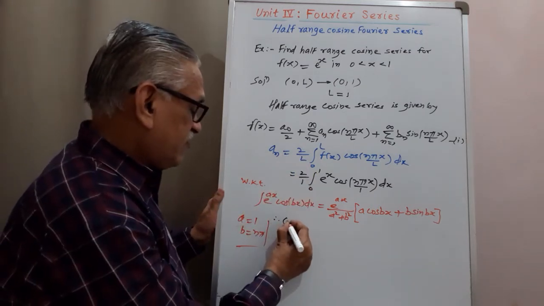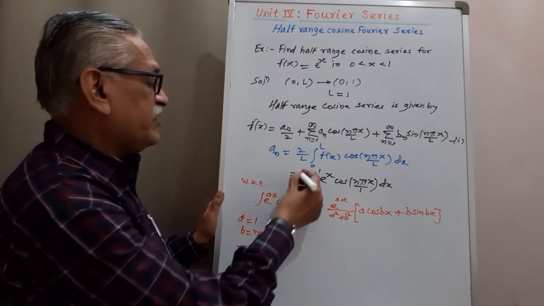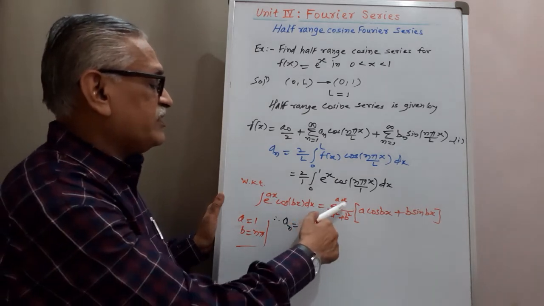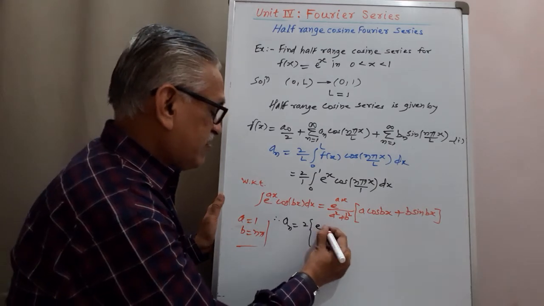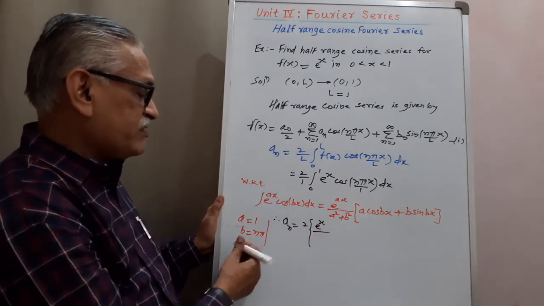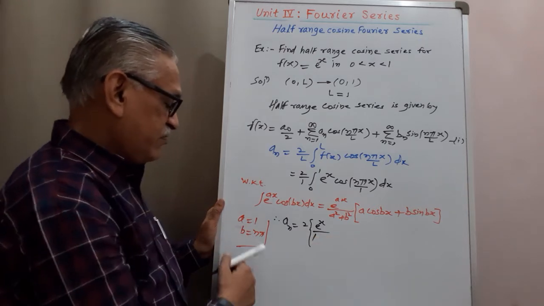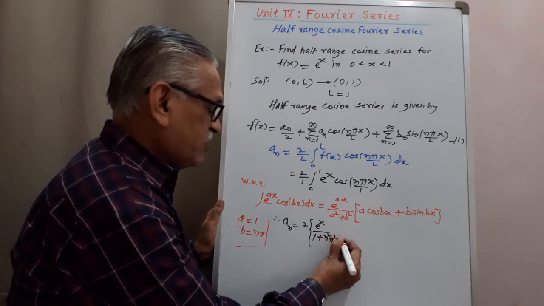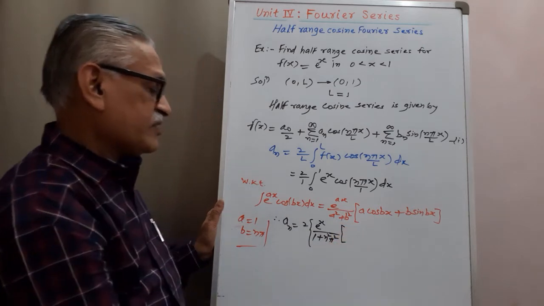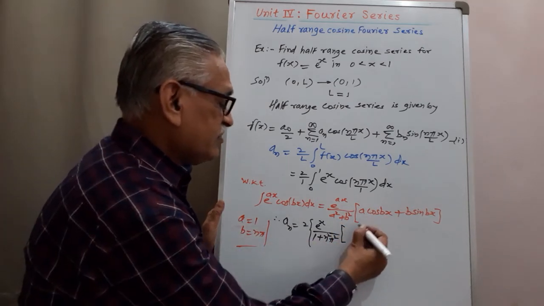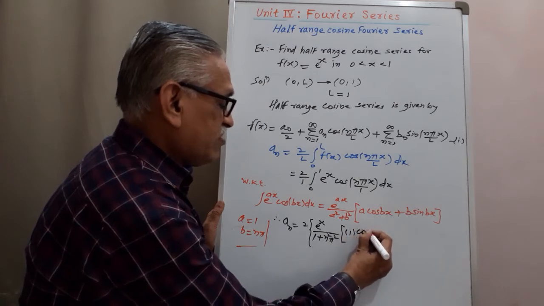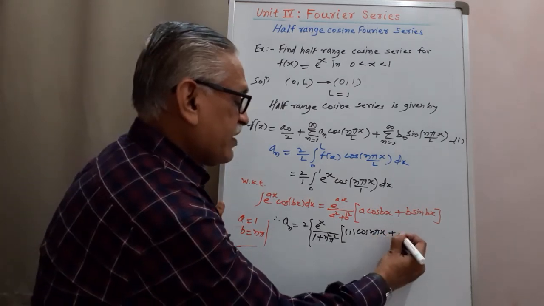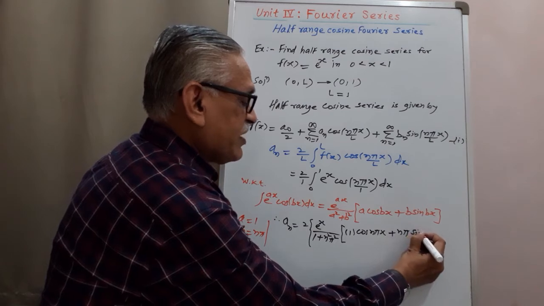Therefore an is equal to 2 times e raised to x divided by a square plus b square. a is 1, 1 square is 1, and b square means n pi whole square, that is n square pi square, multiplied by a, the value of a is 1, into cos of bx, it is n pi x, plus b, the value of b is n pi, sine of n pi x.